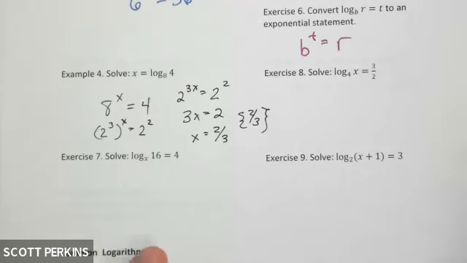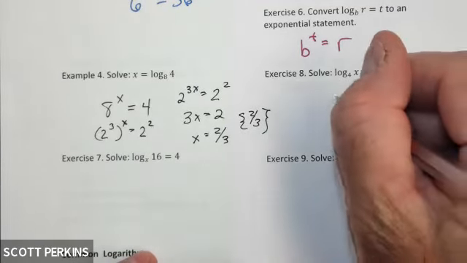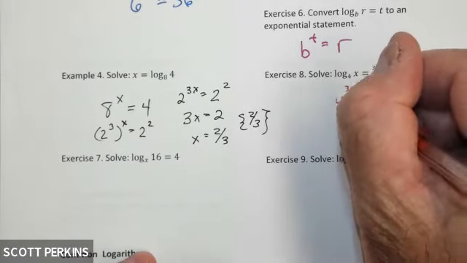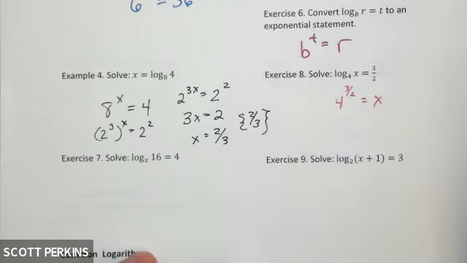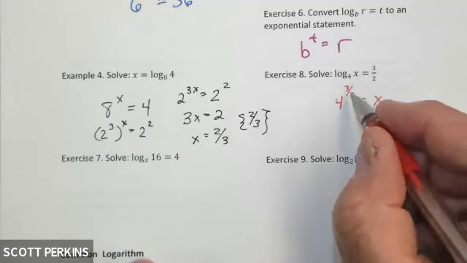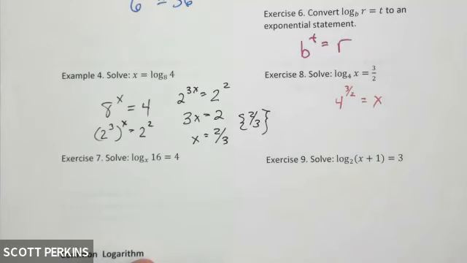Okay, so I'm going to use the definition. So this is the new bit right here. What's the base of this statement? 4. What's the exponent of this statement? 3 over 2, excellent, equals x. So it's kind of already solved. Your calculator can tell you that, or you can use properties of exponents. If you remember, when you have a fraction in your exponent, the denominator becomes your index of your radical.